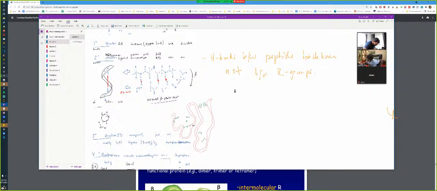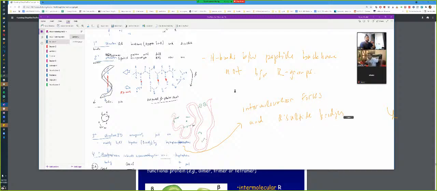Now for tertiary, I wrote 3D arrangement, mostly held together loosely by hydrophobic interactions, but I'm going to add to that. I'll just write intermolecular forces, and disulfide bridges.